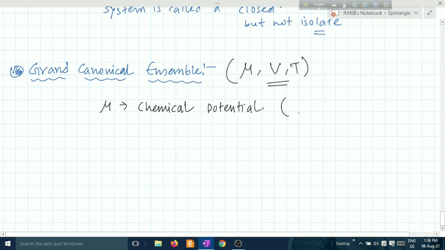You can compare this with energy. This is a kind of potential energy, the energy released during a chemical reaction.